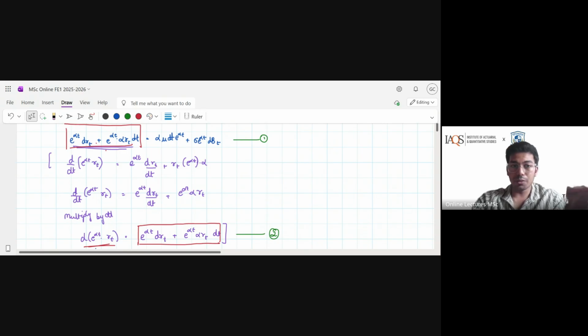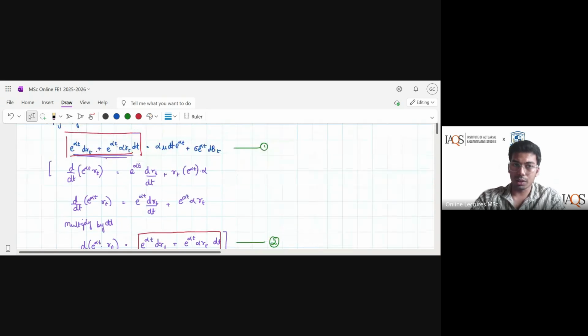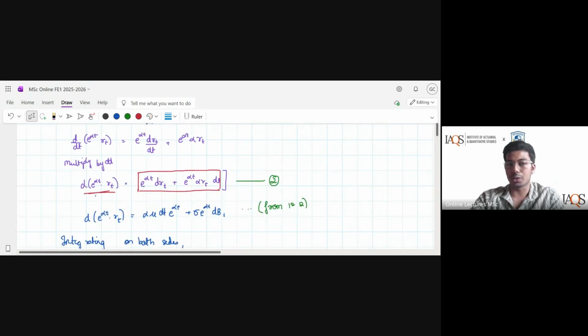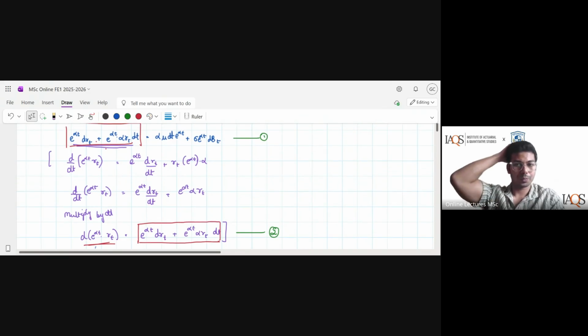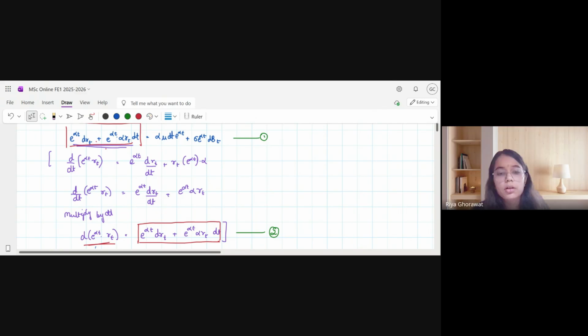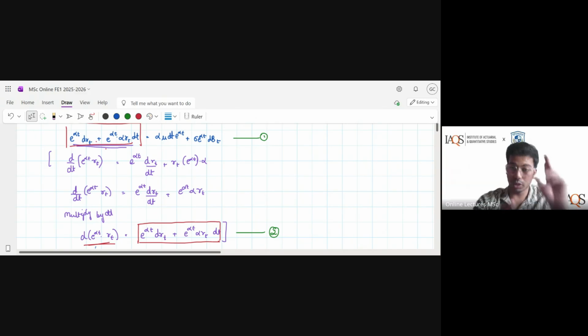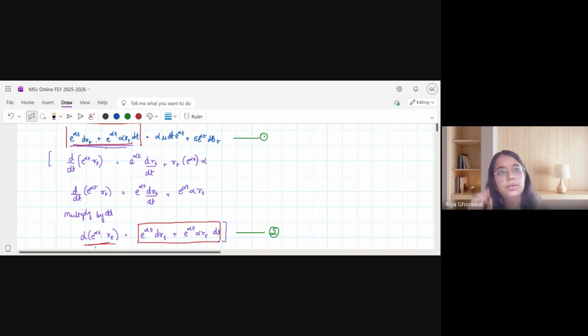So I'm checking whether it's actually the UV rule, and when I do this, I realize, oh yes, that's actually the UV rule of e raised to alpha t and rt. Hence, instead of this entire thing, I now write this part. So we use the UV rule of differentiation.